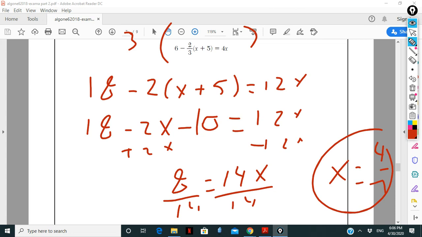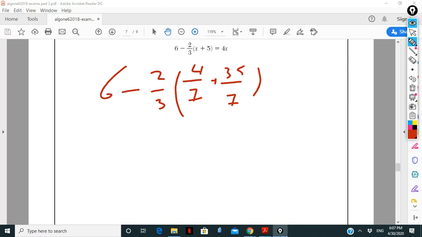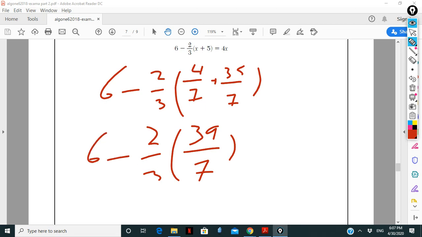And you can check backward your work. If I want to check, 4 over 7 plus 35 over 7, that's the 5, gives 39 over 7, times 2 over 3 gives 26 over 7, minus 6, and the 6 is 42 over 7.